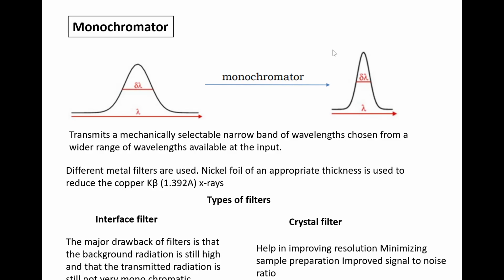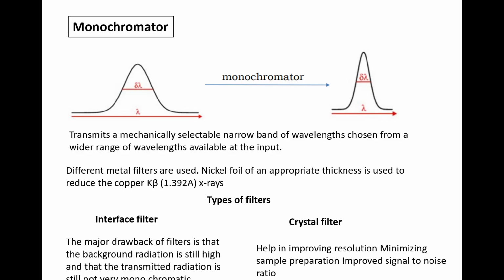And as we talked about in the last class, whenever you want to see something, the wavelength of the light or wave used to visualize it should be comparable with the distance between the two atoms of the object that you want to visualize.